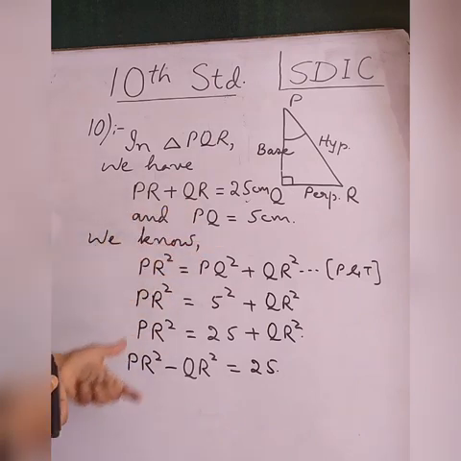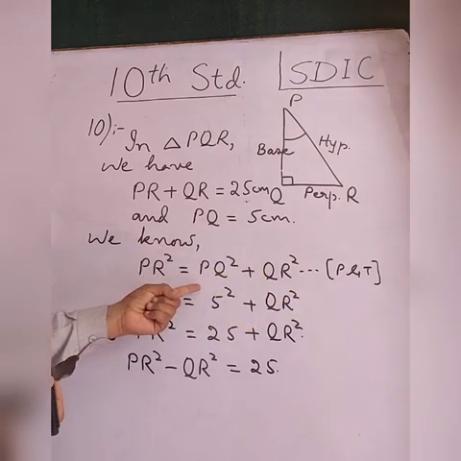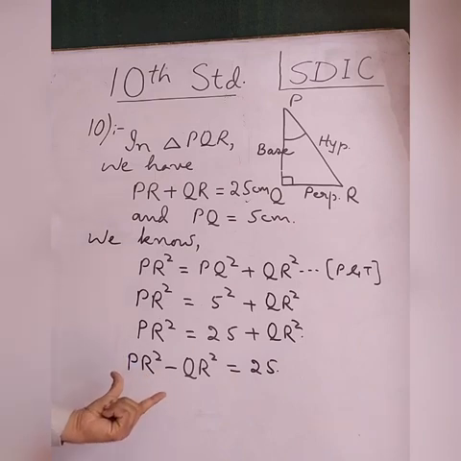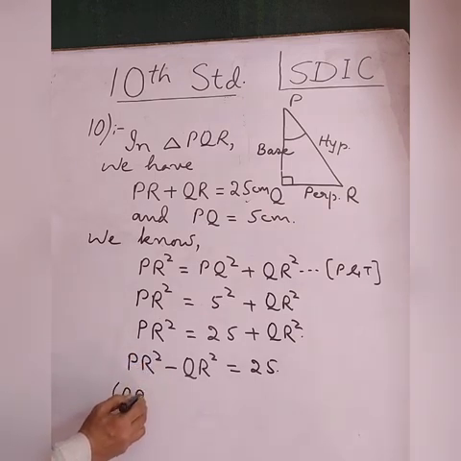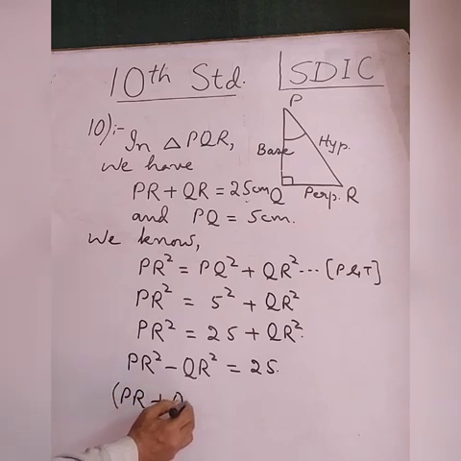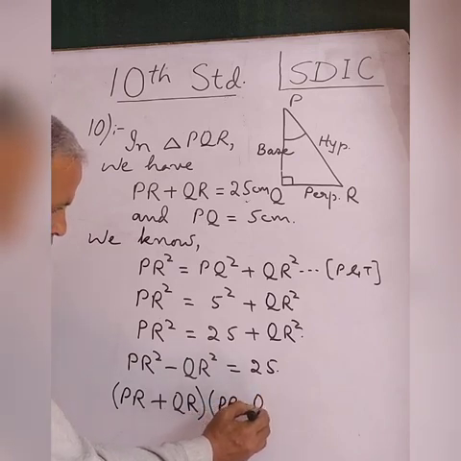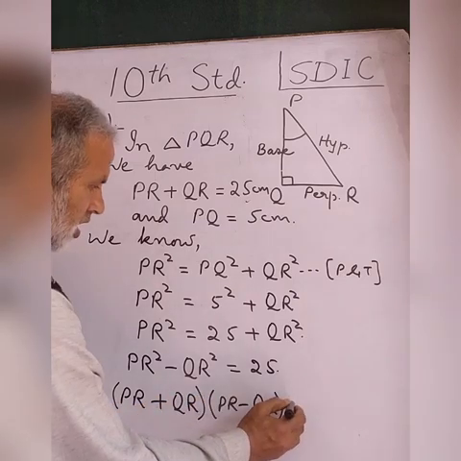Remaining 2 we want to find, and this is the procedure we have used. Pythagoras theorem I have applied. Then I substituted the value of PQ, transposed QR square. Here you can use the algebraic identity, A square minus B square, that is A plus B into A minus B. So it will be PR plus QR multiplied by PR minus QR. Algebraic identity, A square minus B square equal to A plus B into A minus B, I have used, is equal to 25.